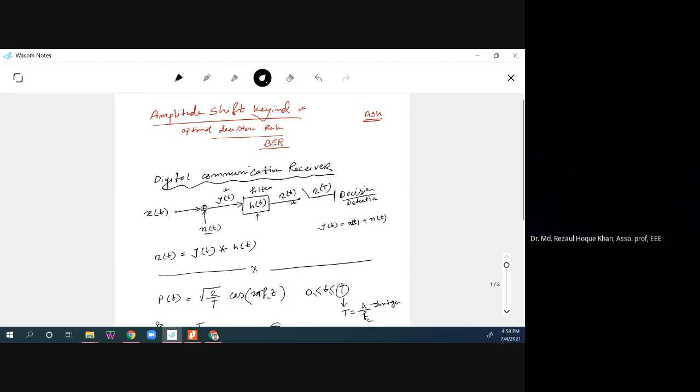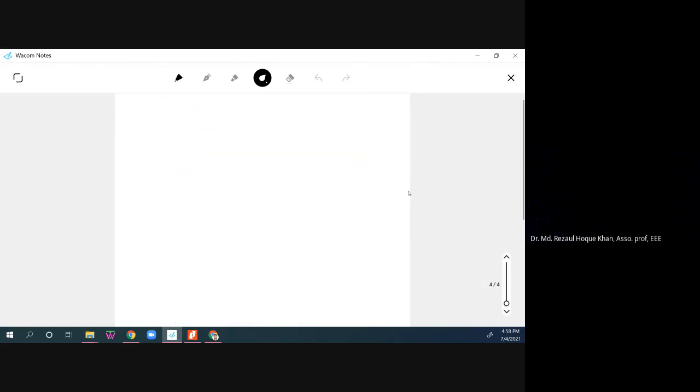So at the receiver we find, before this filtering, the yt signal. So let me write that yt signal is xt plus nt. So now the received signal is passed through a match filter.